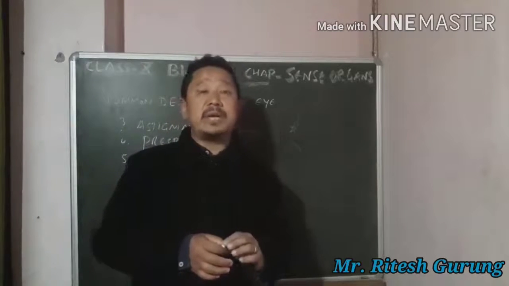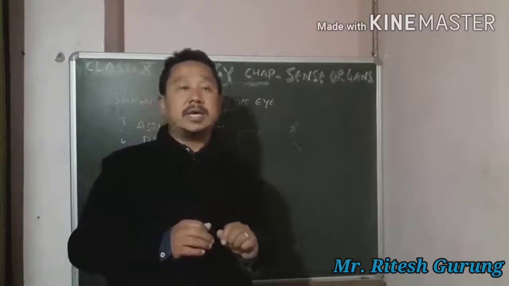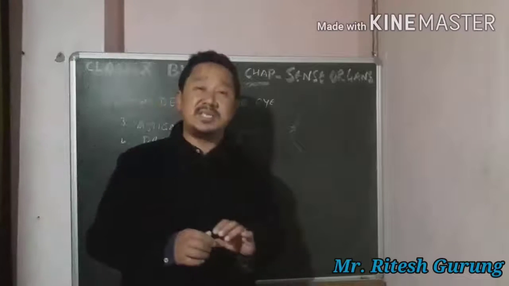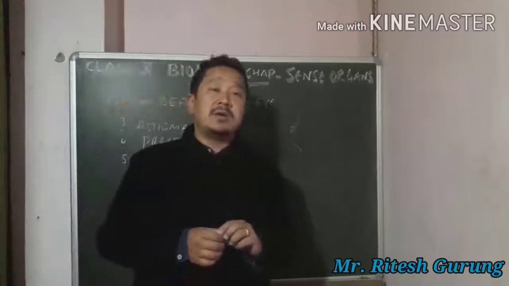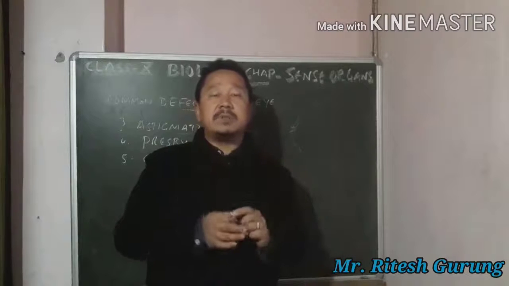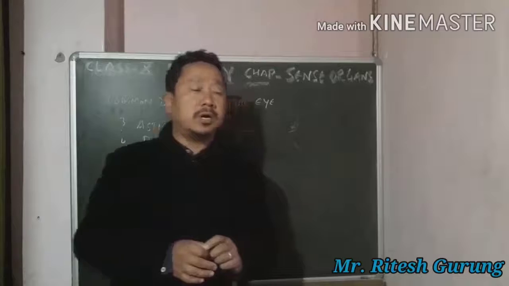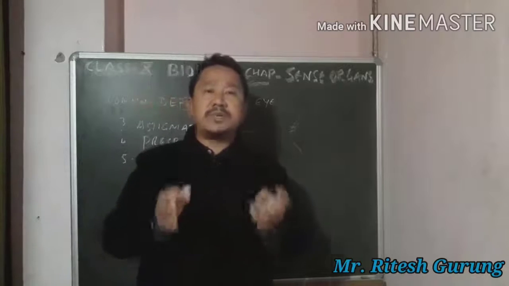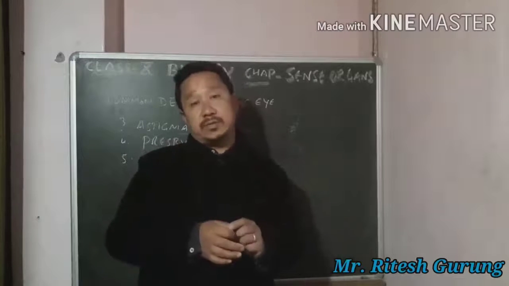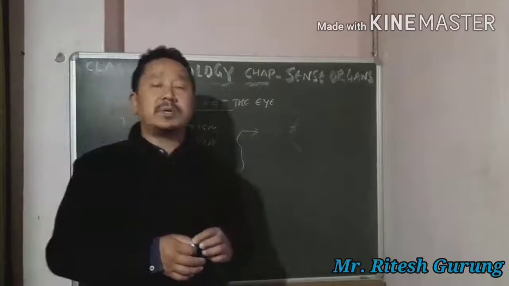This problem can be corrected by wearing a convex lens again. The last one is cataract. Cataract is a disease of the lens, where the lens becomes completely opaque, leading to poor vision and sometimes complete blindness.